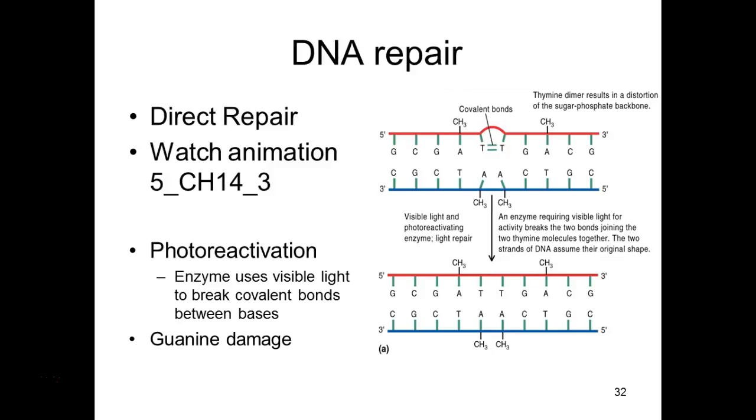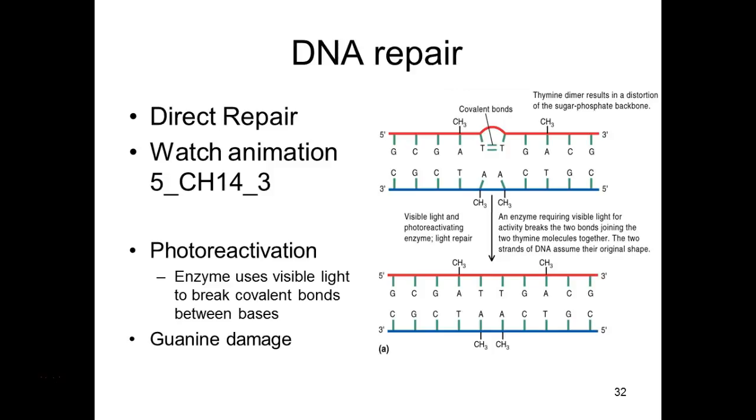So if you have an organism that you blast with UV light, but then you leave it exposed to natural light, could it repair itself? Yeah, if it has this direct repair mechanism. But say it has this repair mechanism, we blast it with UV light and then we stick it in the dark. Is it going to repair itself? No, because it needs the light energy for this to work.